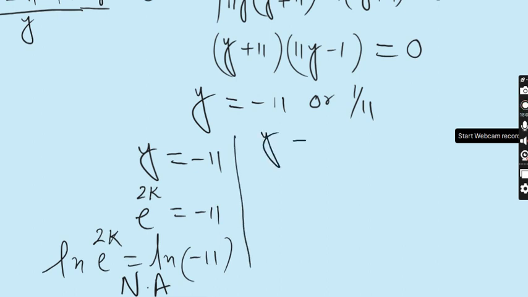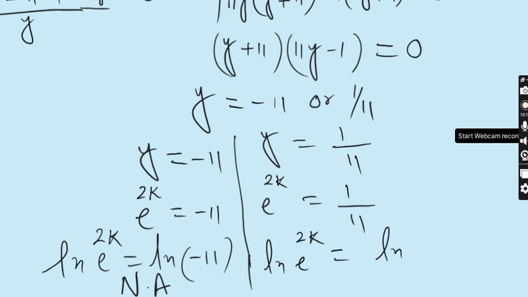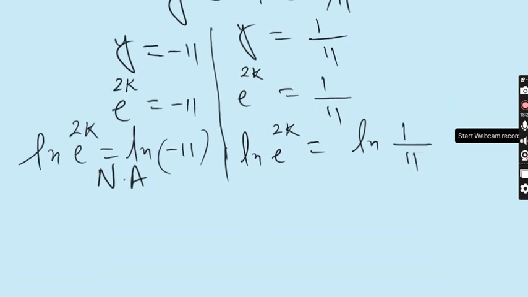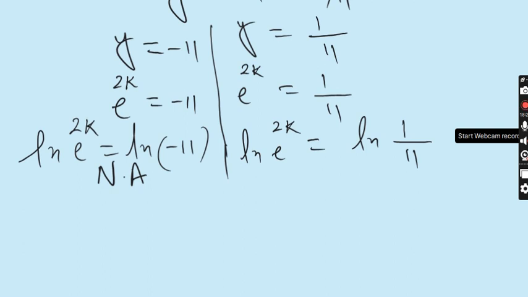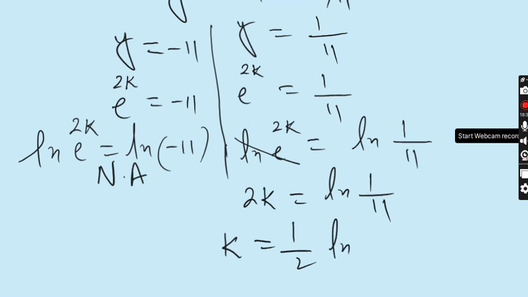So take another value, y equals 1 upon 11. Y is e^(2k) equal to 1 upon 11. Taking ln on both sides, ln e^(2k) is equal to ln 1 upon 11. Ln and e cancel each other, so 2k is equal to ln 1 upon 11. So k is equal to 1 upon 2 ln 1 upon 11.